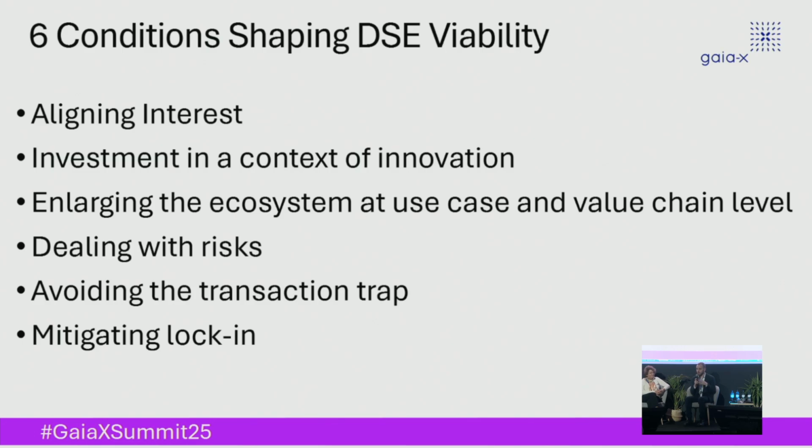And those organizations are dynamic. They follow a path, and we study some conditions that shape the viability of this path. How to read those conditions is a focal point that every data sharing ecosystem should pay attention to in order to go from one stage to another.